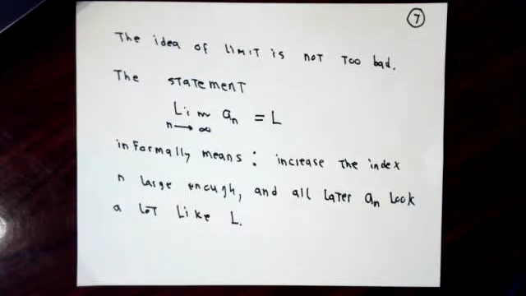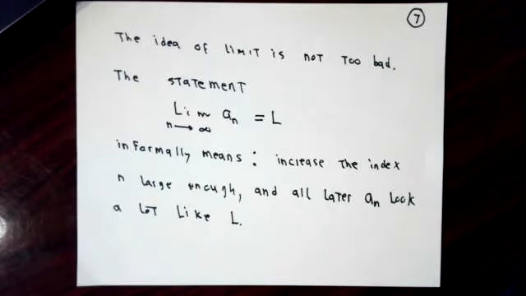As I calculate a sub n and I let the n get big, as I allow the n to get larger and larger and larger, either the a sub n numbers that I'm looking at will settle down to some particular number or they won't.